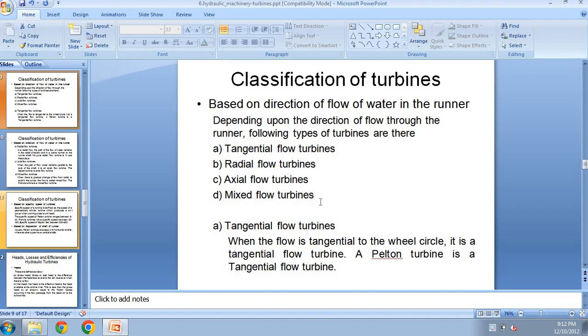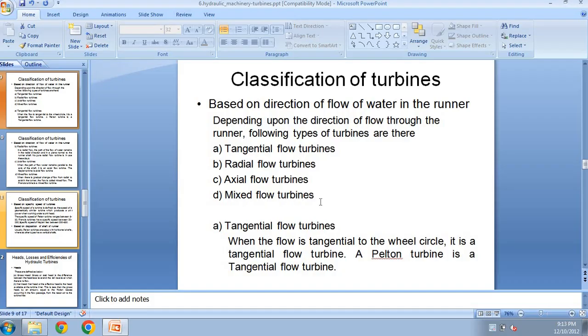The third type of classification of turbines is according to the direction of the flow of water in the turbine. These directions are given as tangential, radial flow, axial flow or mixed flow turbines, and they are considered with respect to the runner.